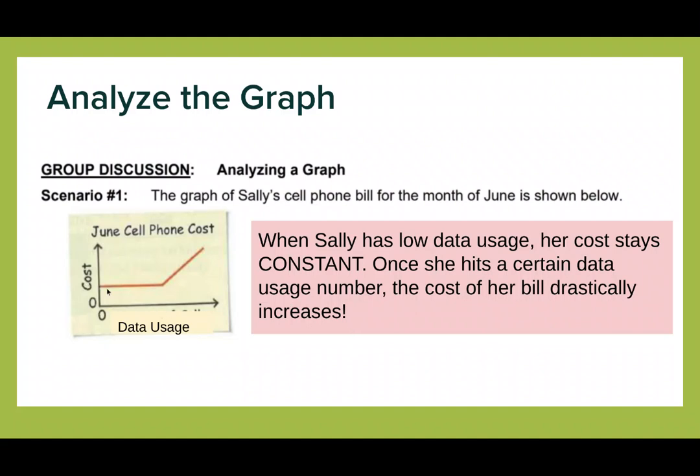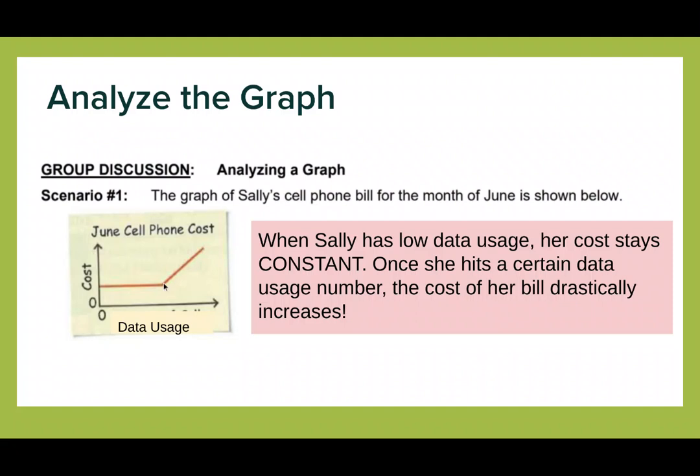As her data usage is going up or increasing, as she uses more data, the cost stays the same, or stays constant would be a word you might use. So over time, her cost is staying constant, but then all of a sudden, when she hits a certain point, the cost starts to increase.